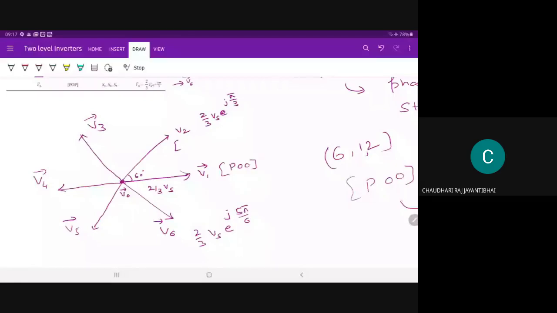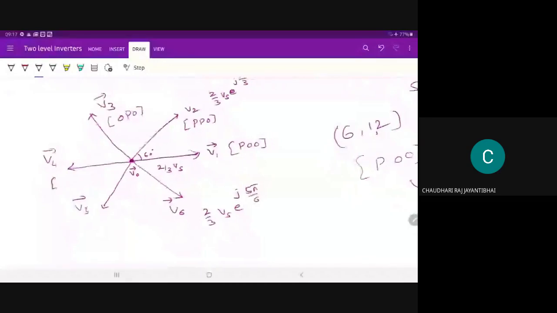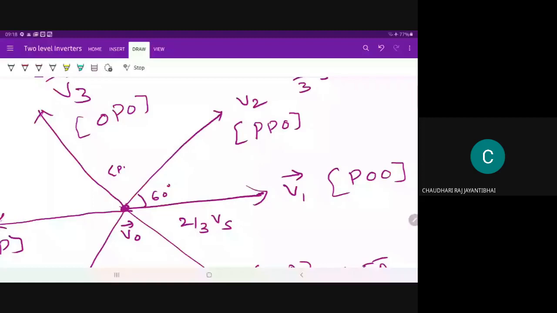I think this is corresponding to 0P0, and this is 0PP, and this is 00P, and this is P0P. And we have these zero vectors, which lie at the origin. Therefore we have this PPP and 000. Is it clear?